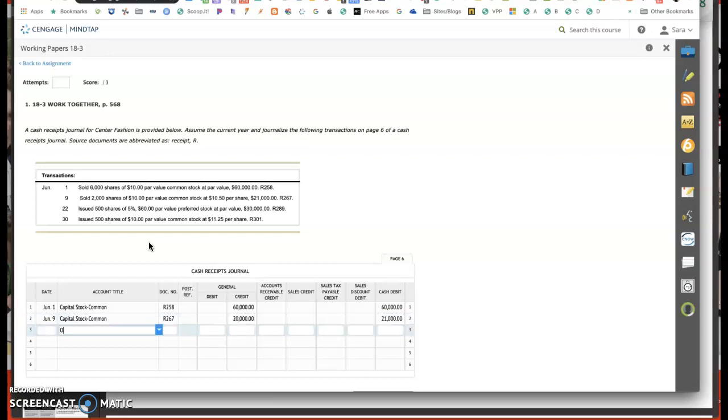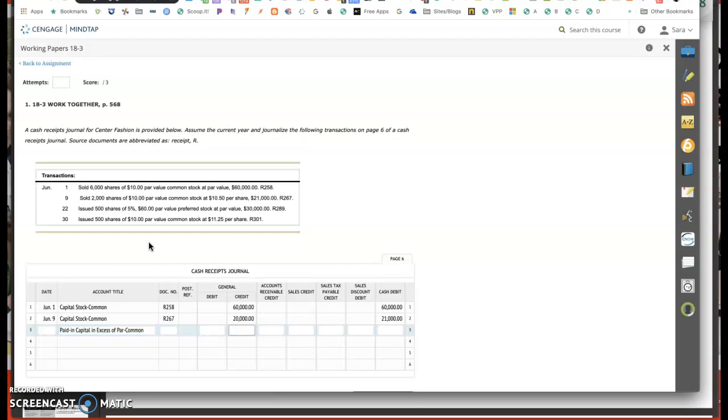And then our second line will be paid-in capital in excess of par dash common. And so there's a couple ways you can calculate this.